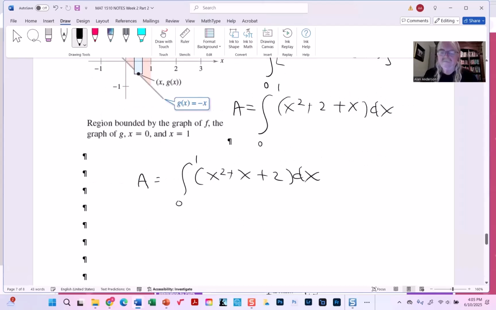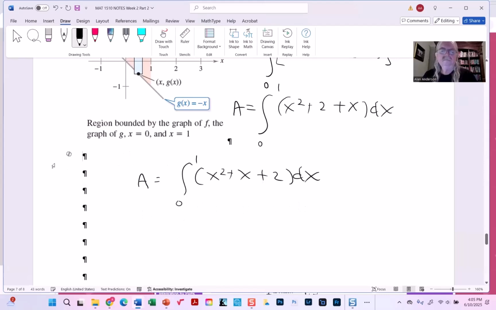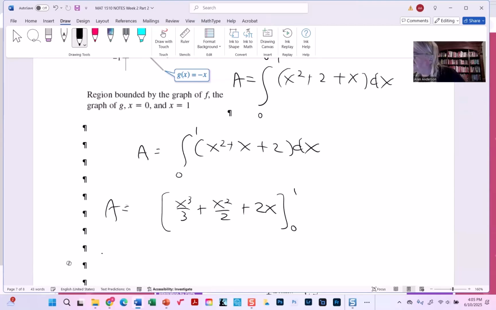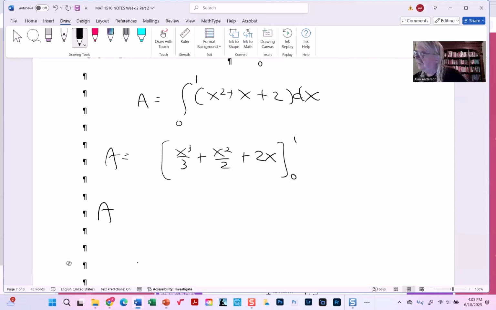All right. So what do we end up with? So it's x cubed over 3 plus x squared over 2 plus 2x evaluated between 0 and 1. Okay. And then now that means we have to evaluate that function where x equals 1, then we do the same thing with 0.